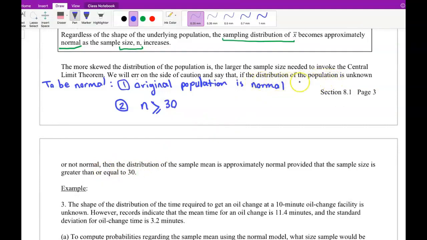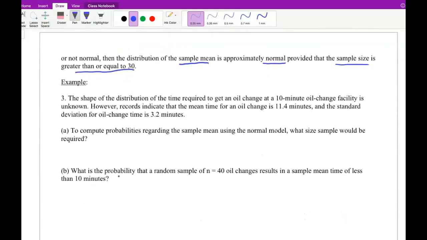Okay, so if the distribution of the population is unknown or is not normal, then the distribution of the sample mean is approximately normal, provided that the sample size is greater than or equal to 30. So we're going to use that later.